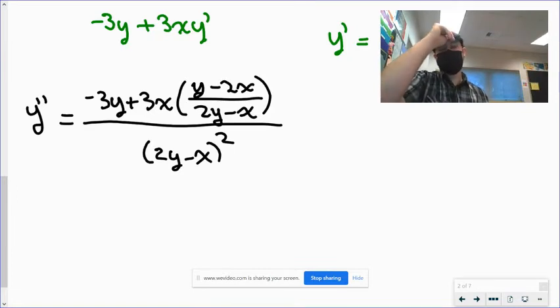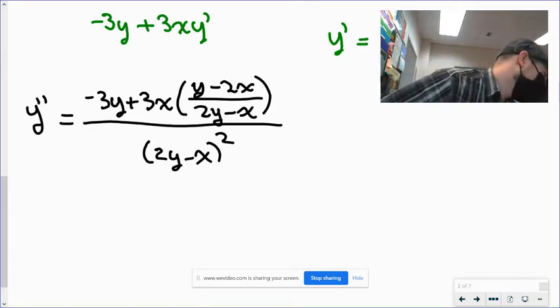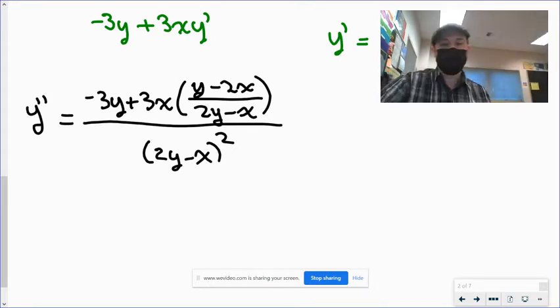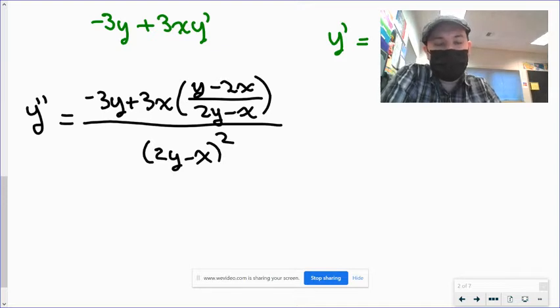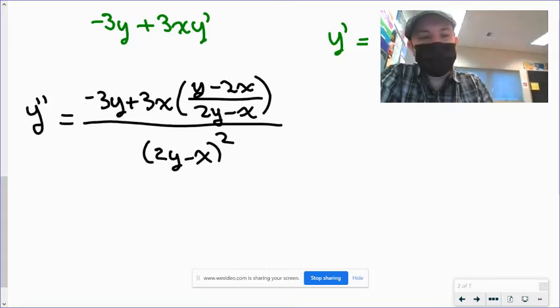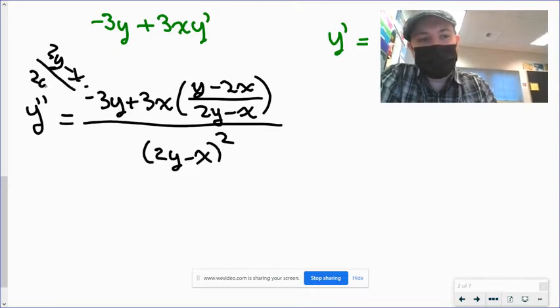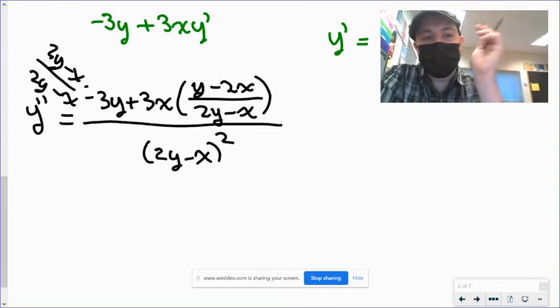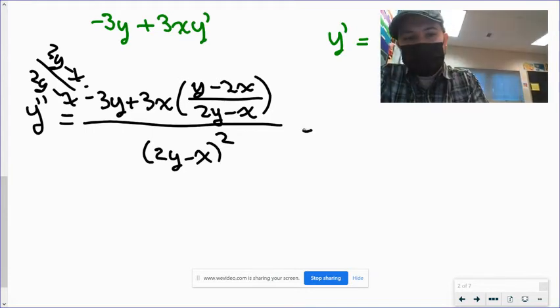Okay. Wow. What a journey, and we're still on it. So from here, I think it would benefit us to get common denominators. I've got two terms in my numerator, so I'm going to multiply this term by 2y minus x over 2y minus x in order to get a common denominator.